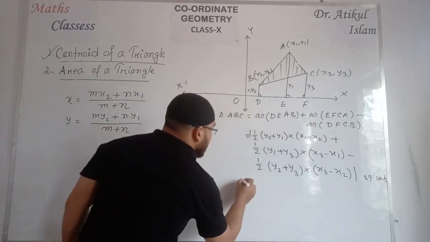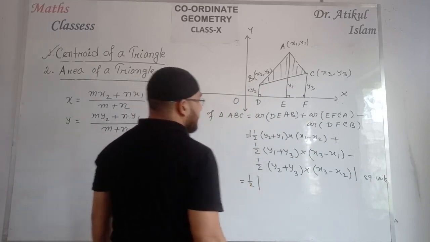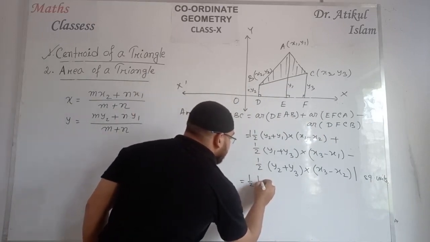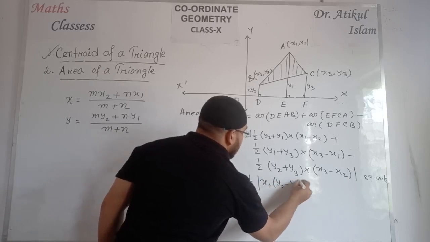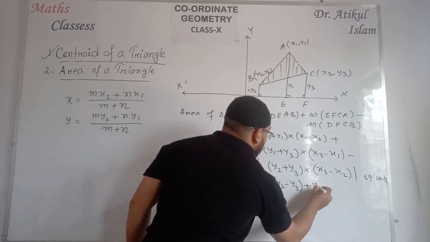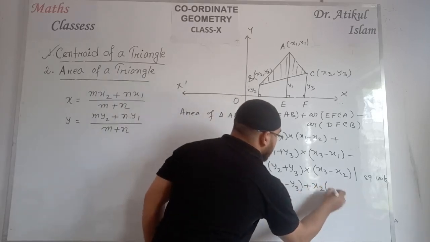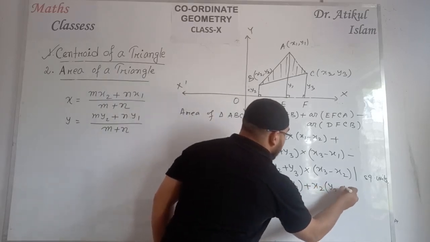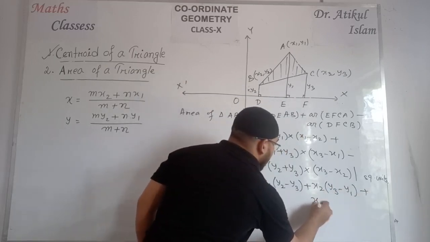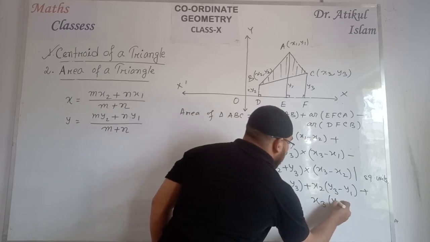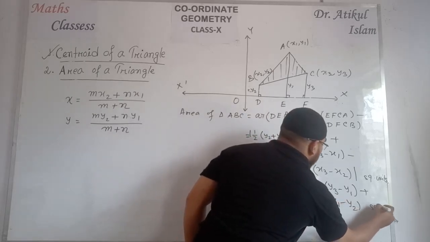After simplification, take half common and give the absolute sign. So we will get half of the absolute value of x1 (y2 minus y3) plus x2 (y3 minus y1) plus x3 (y1 minus y2) square units.